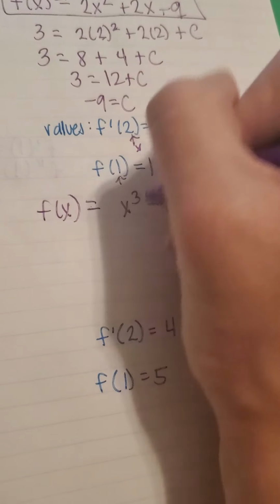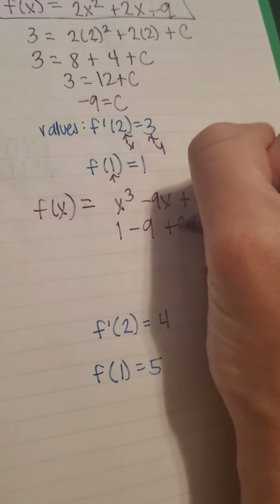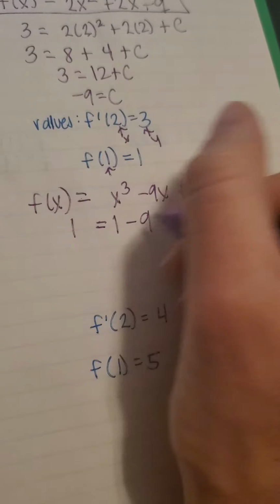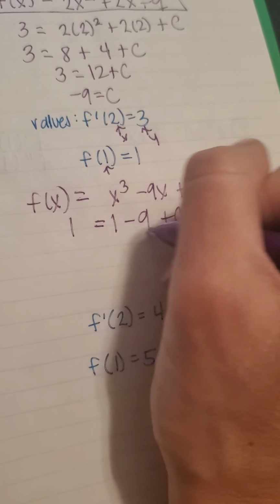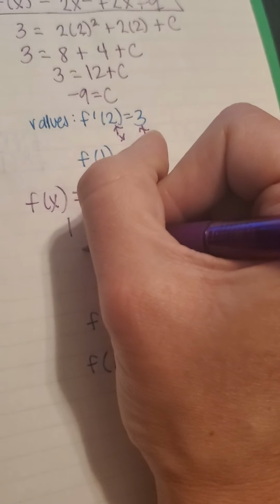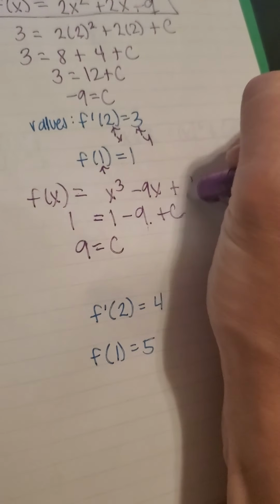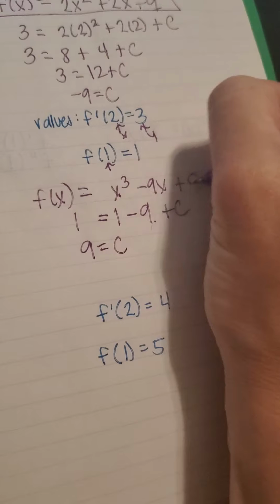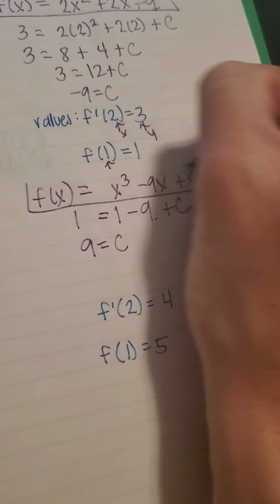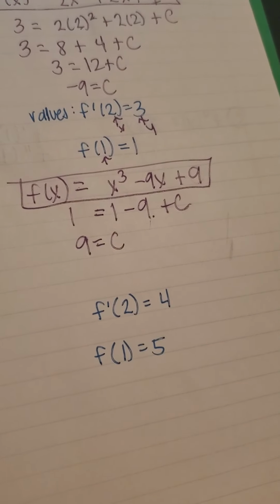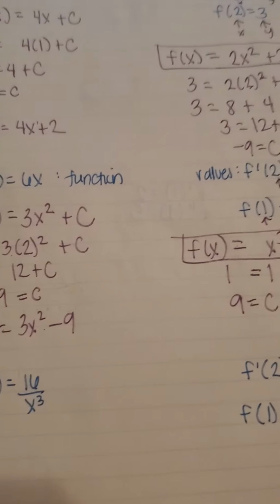This is my x, so 1 minus 9 plus c equals 1. If I subtract, so -8, so I'm really going to add 8. That's going to say 9 equals c. And get rid of my c. I'm going to make that plus 9. So essentially, I'm just doing this twice now because I have my second derivative.